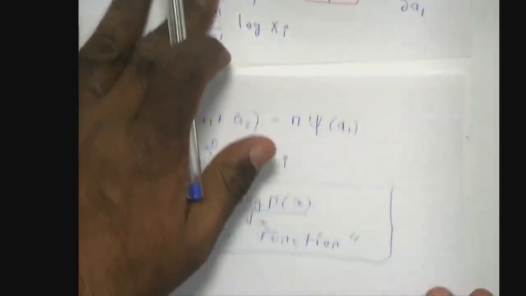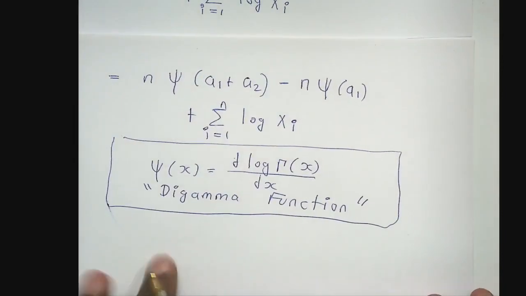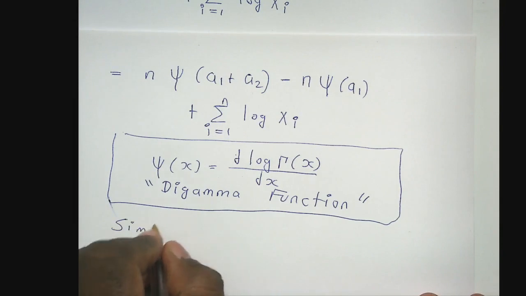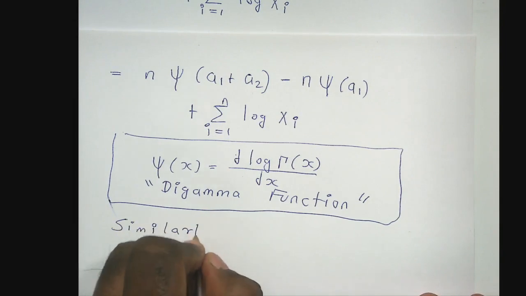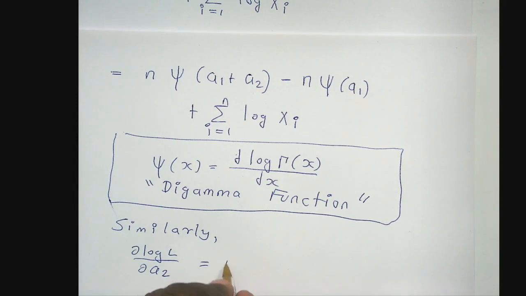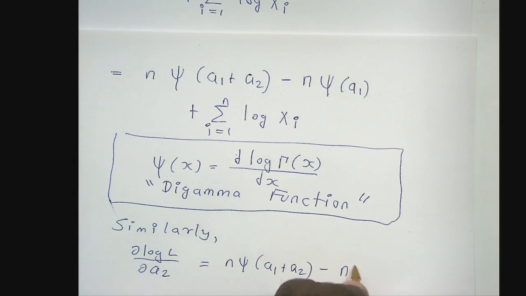And similarly, I'm not going to do the similarly. The partial derivative of the log likelihood with respect to A2, I'm not going to repeat the details one more time. I will just write down the final answer. You can check this if you like when you have time.